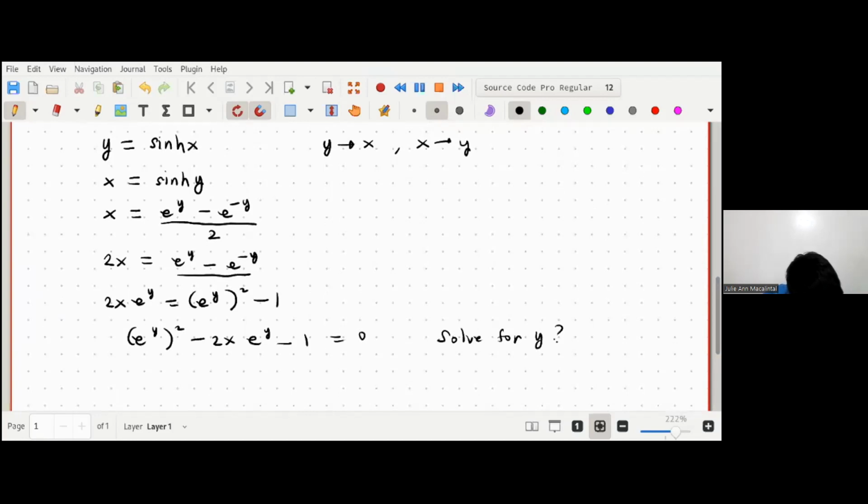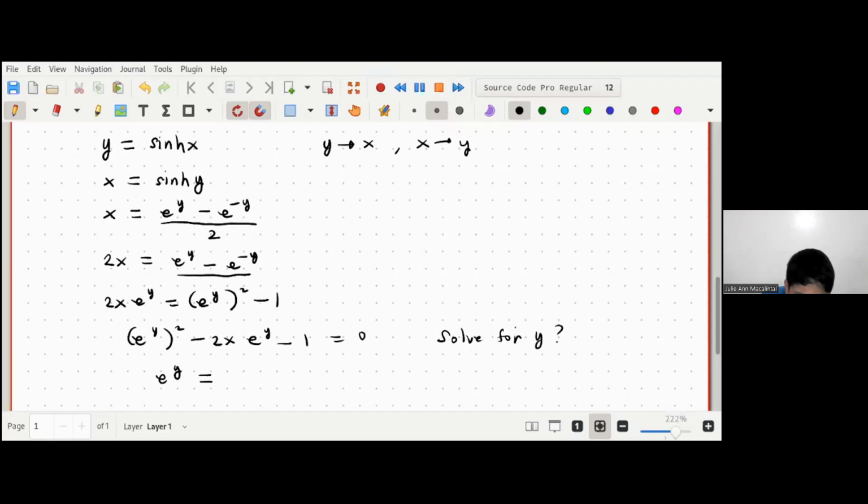Kung ganyan yung equation natin, parang you will treat e to the y as a variable.